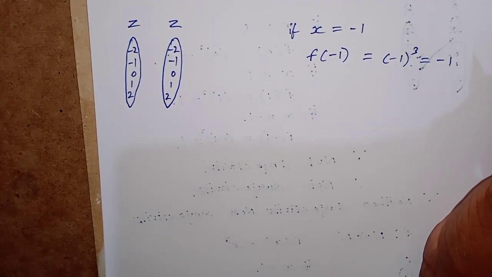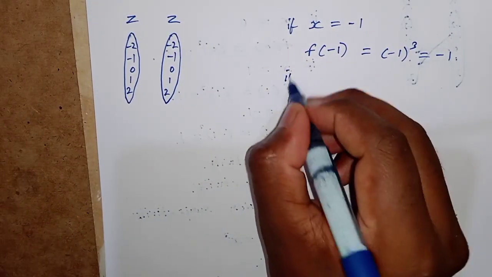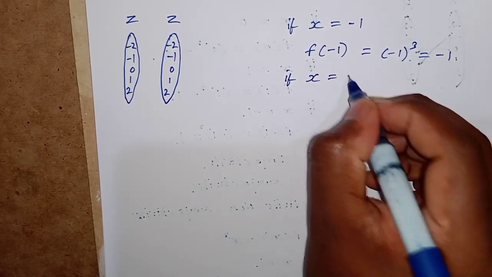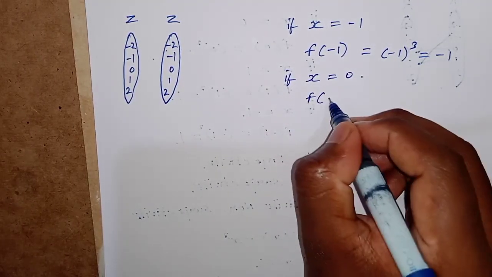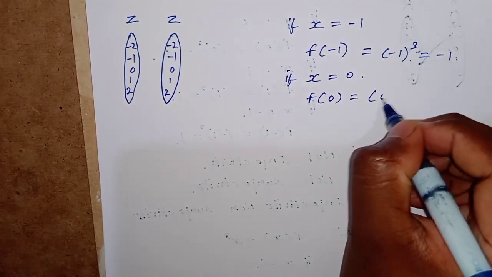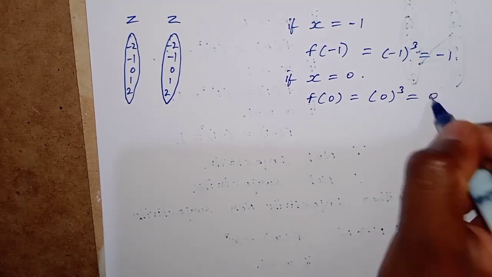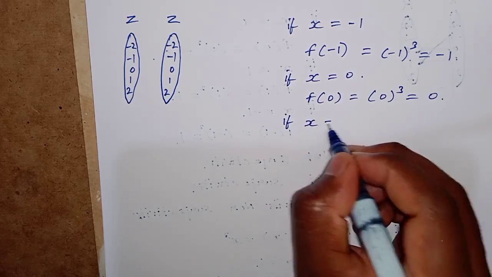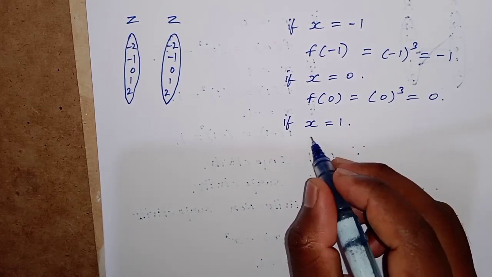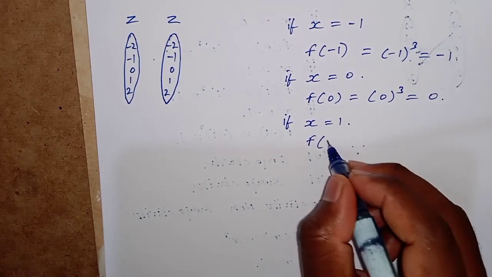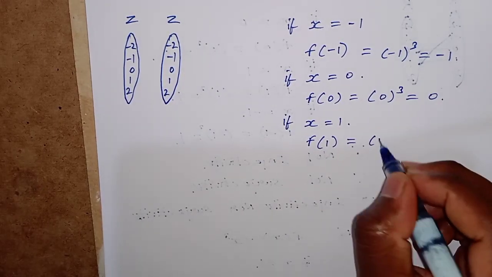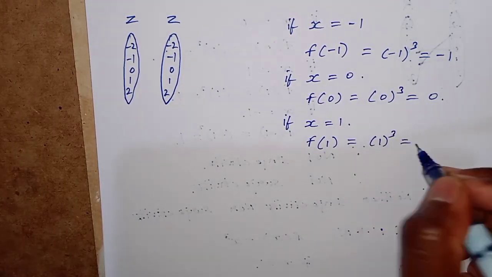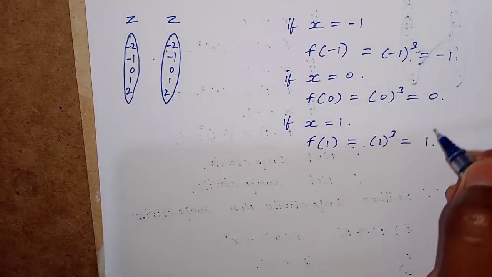Next, if x equal to 0, f of 0 equal to 0 cube equal to 0. If x equal to plus 1, f of 1 equal to 1 cube, it will become 1.